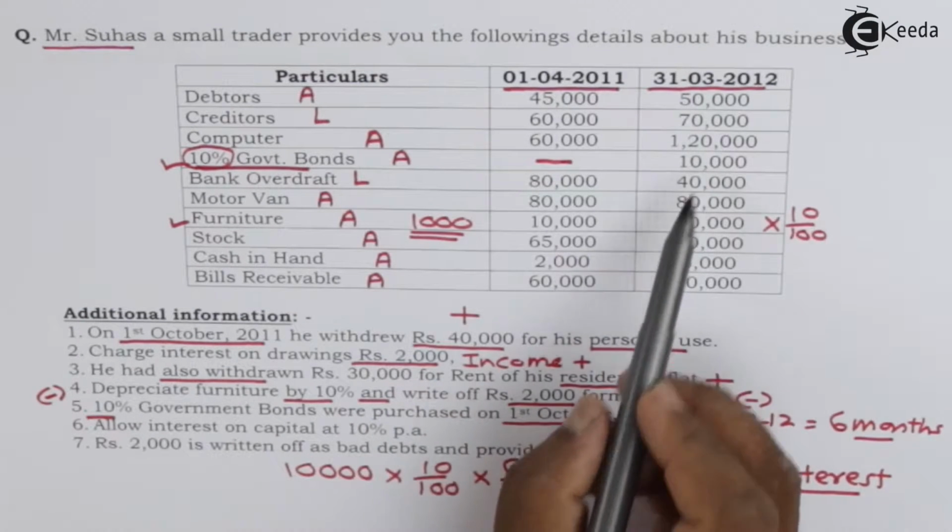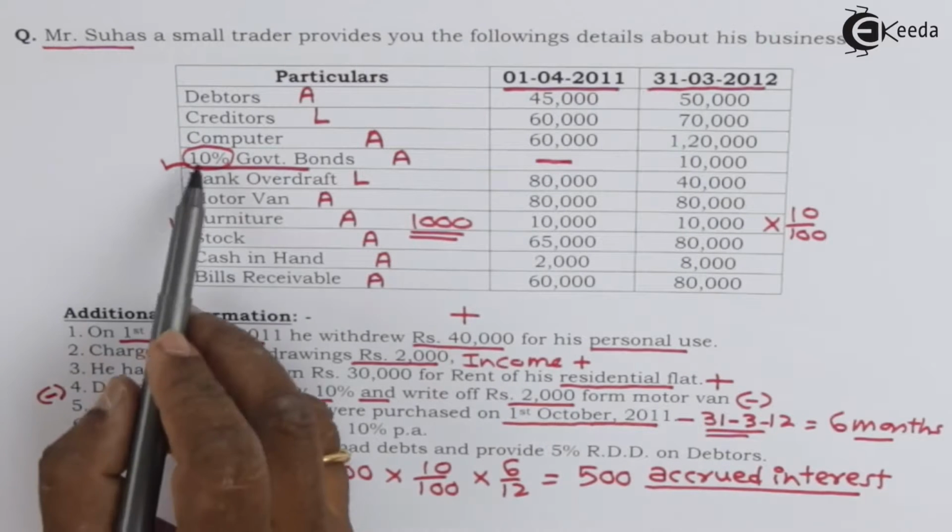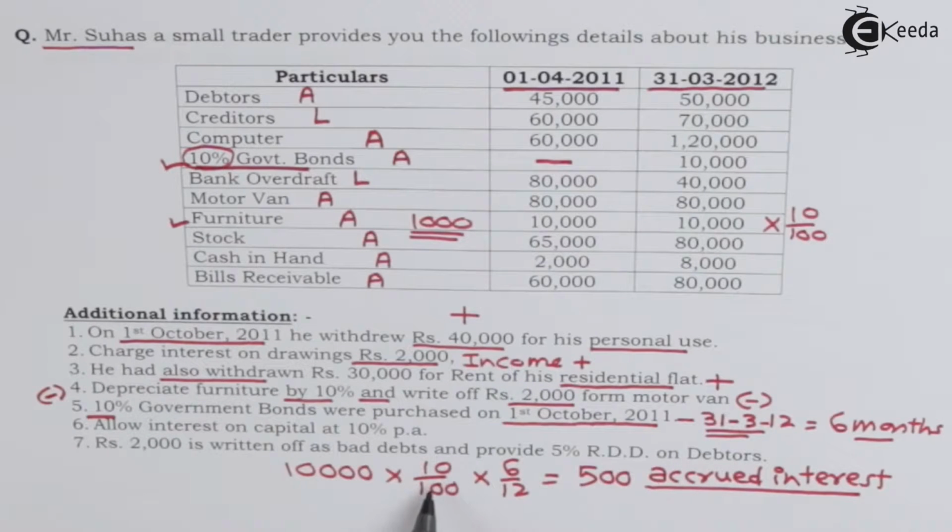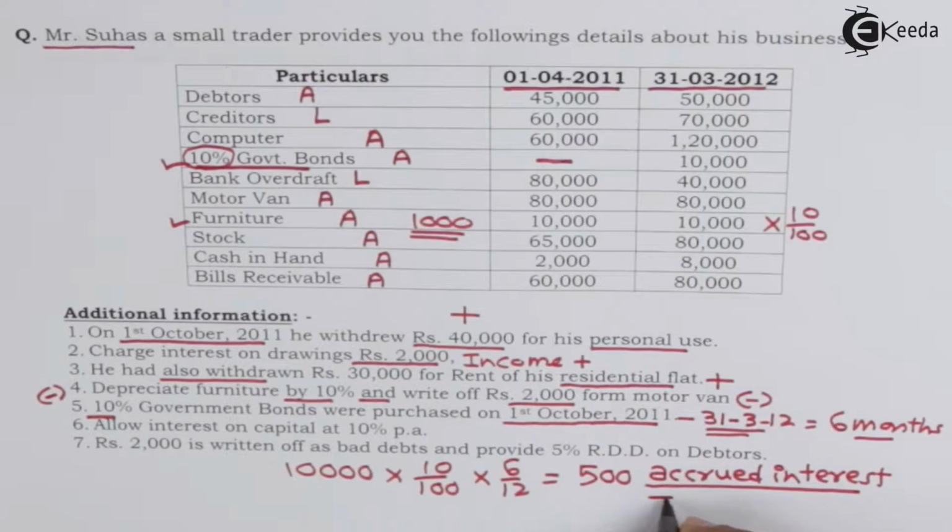Investment amount is 10,000. Rate of interest 10%, 10 by 100. Accrued interest for 6 months, 6 by 12. So amount of accrued interest we get rupees 500. This is income for the business, so it has to be added.